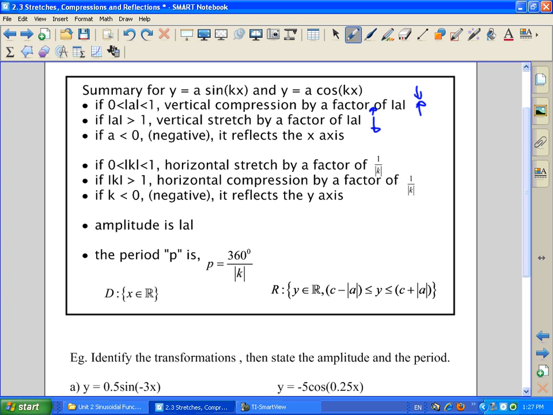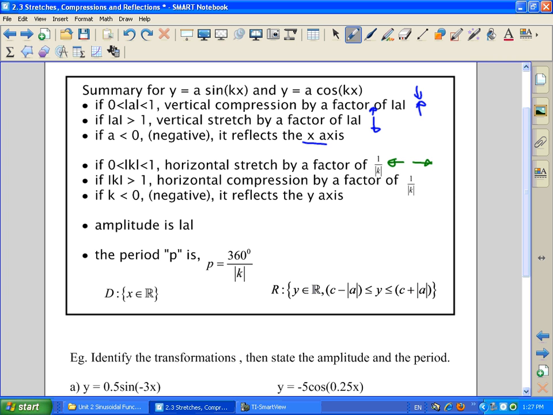If A is negative, it reflects over the x-axis. Looking at K, if the absolute value of K is between 0 and 1, you've got a horizontal stretch, which means we're stretching it out this way.